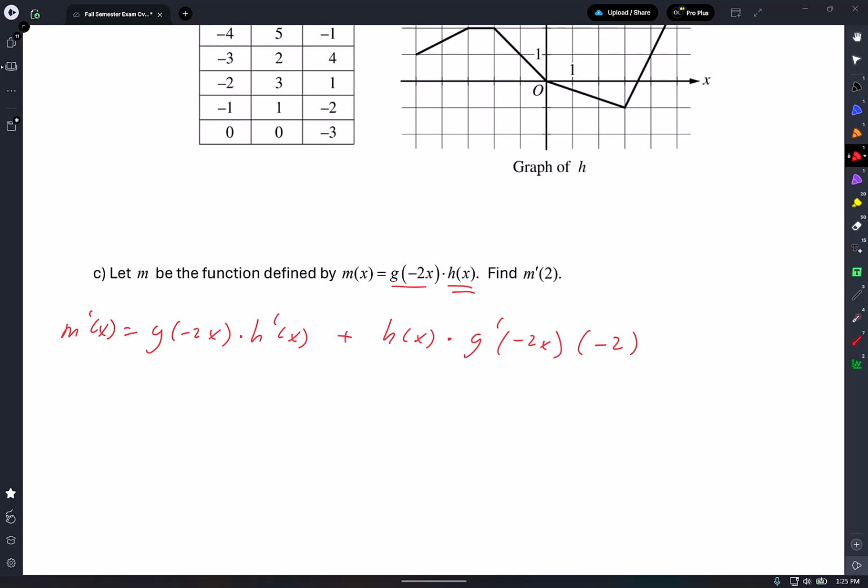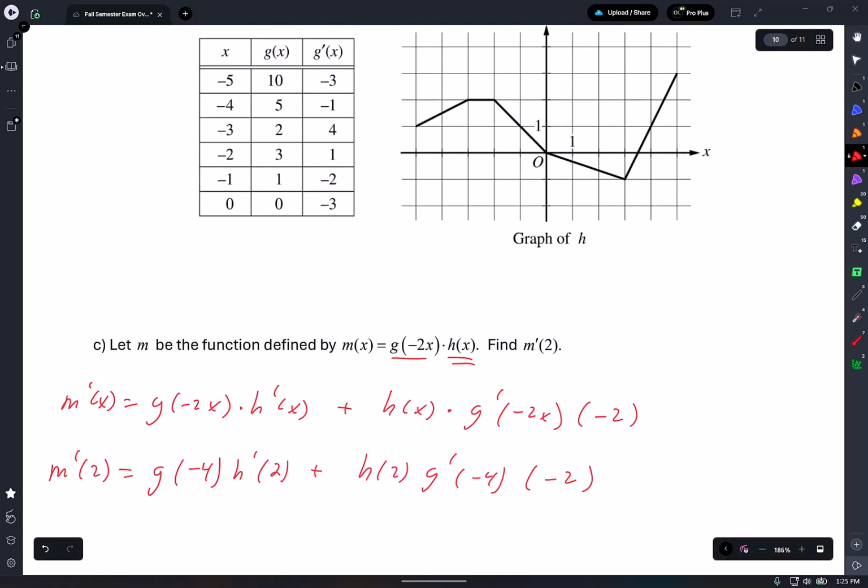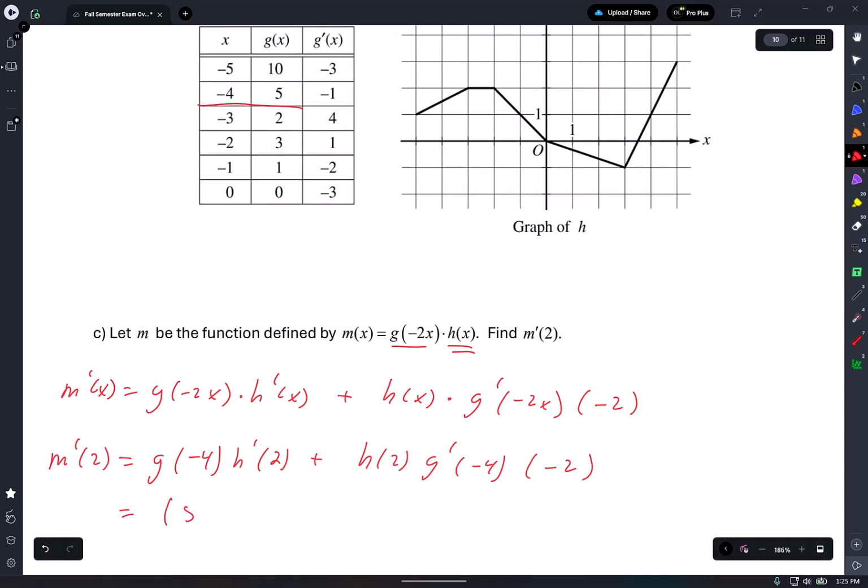All right, let's plug in a 2. M prime of 2 equals g of negative 4 times h prime of 2 plus h of 2 times g prime of negative 4 times negative 2. All right, so let's get the g of negative 4 from this table here. So g of negative 4 is 5.